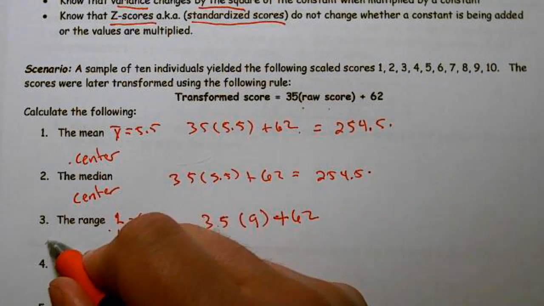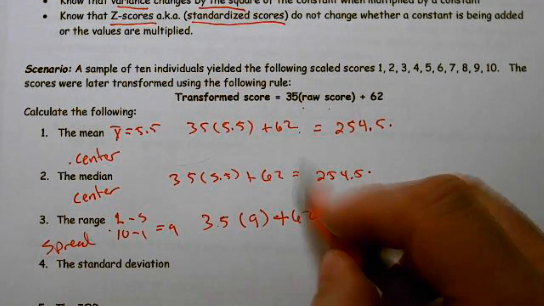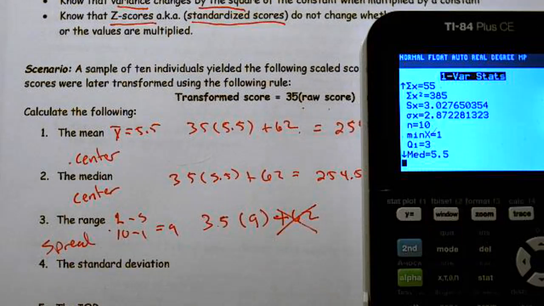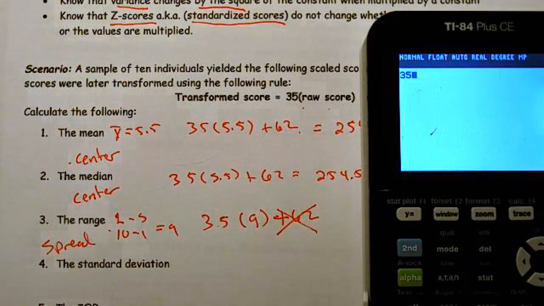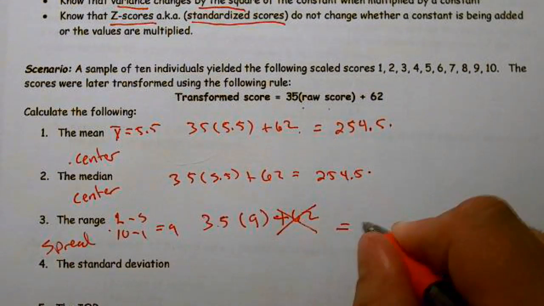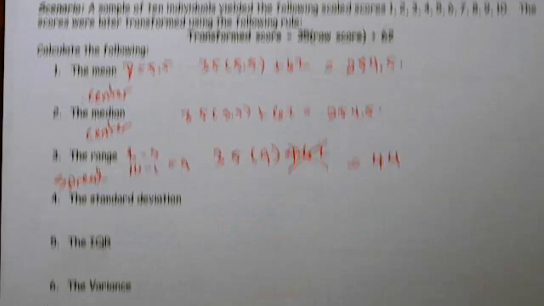But this is a measure of spread. And with measures of spread, I can't add constants. So my answer is going to be 35 times 9, and that'll be it. I don't add the 62 to it. We can't add or subtract. So this answer, the transformed range, is 44.